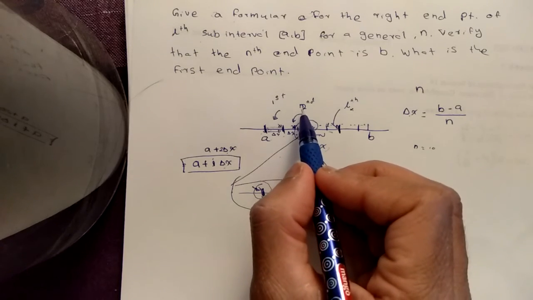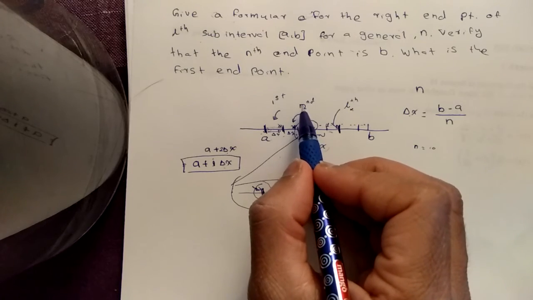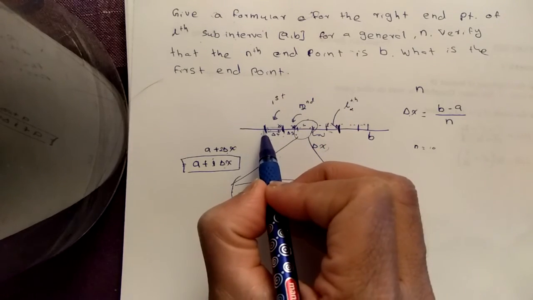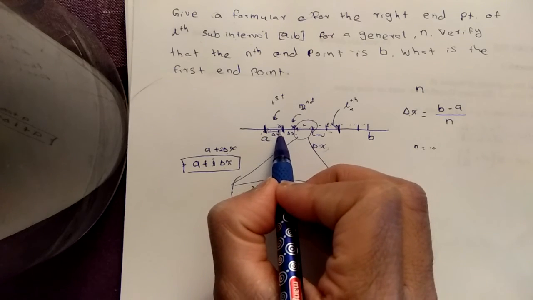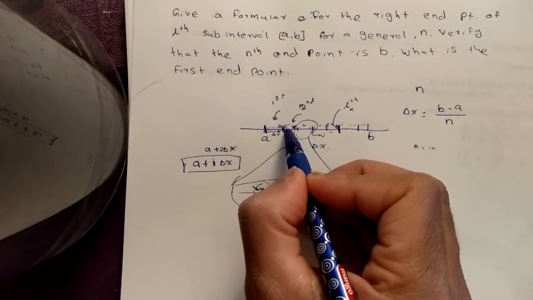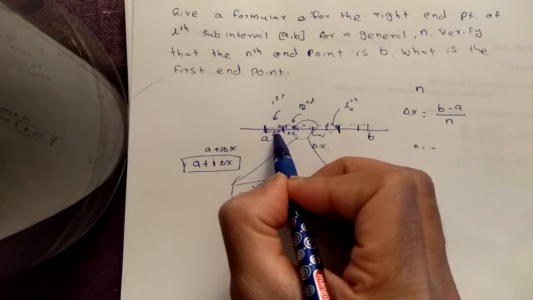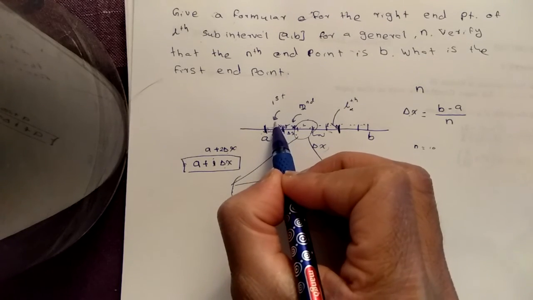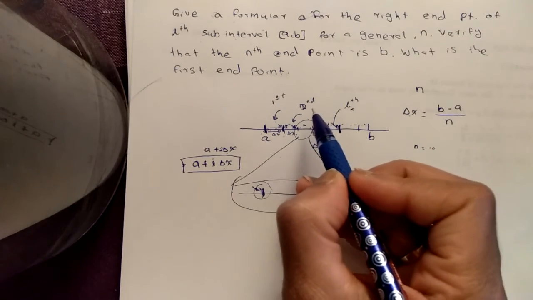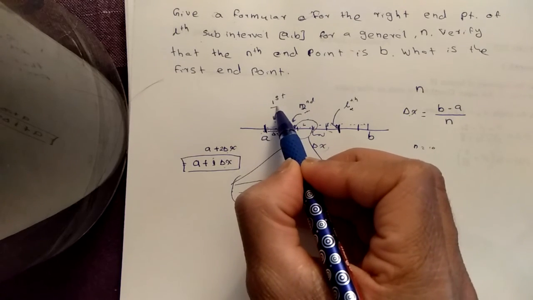If this is the second subinterval, it is enough to travel 1 unit of delta x, because the left endpoint of the second interval is the right endpoint of the first interval.